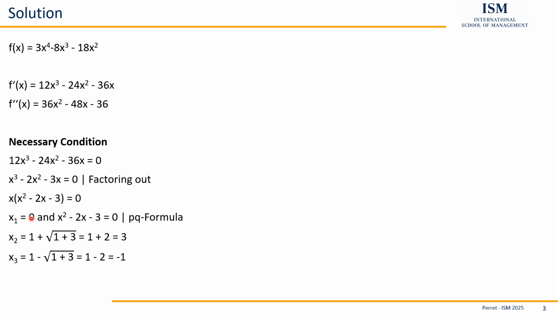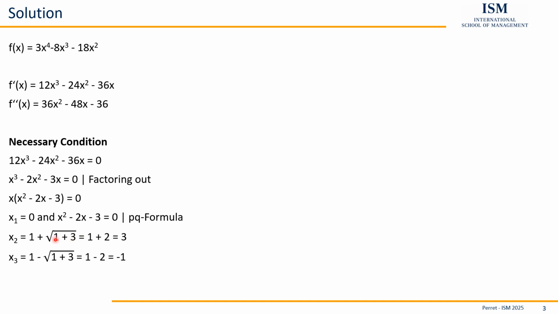So I get my two solutions by taking minus p half, minus minus 2 halves, minus minus gives plus, 2 halves is 1. So the 1 here. Then plus minus for the two options, square root of p half, so minus 1 squared, 1, minus q, minus minus 3 gives plus 3.